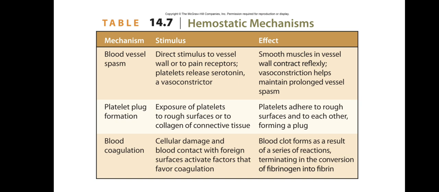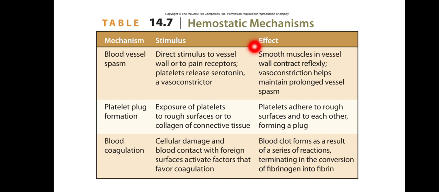What happens? Due to direct stimulation of the vessel wall and the pain receptors, platelets release serotonin, which is a vasoconstrictor. Okay? So it's going to release serotonin, which is a vasoconstrictor, because someone has been cut and there's direct stimulation to the vessel walls, and this is going to stimulate the pain receptors.